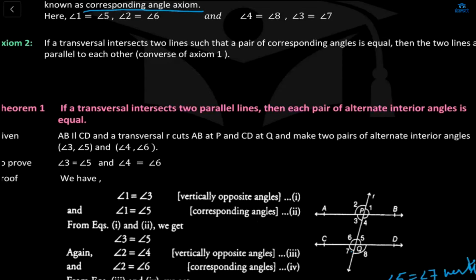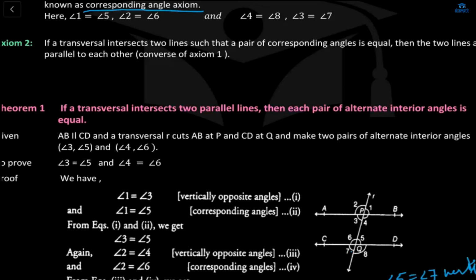And axiom 2 is the converse of the corresponding angle axiom, that if the corresponding angles are equal, then the lines are parallel. So sometimes if a question asks you to prove that two lines are parallel, you can prove that any two corresponding angles are equal. Then from the converse of the corresponding angle axiom, the lines are parallel.